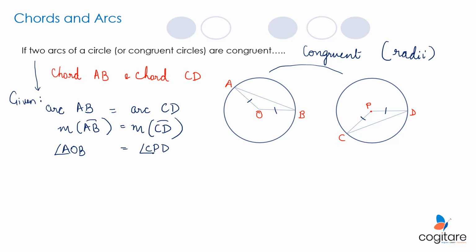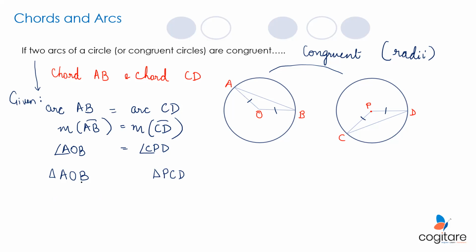And the angle AOB is equal to angle CPD. Cool. Now if we look at triangles AOB and CPD, pause the video and ask yourself, can you tell me how these two triangles are congruent?